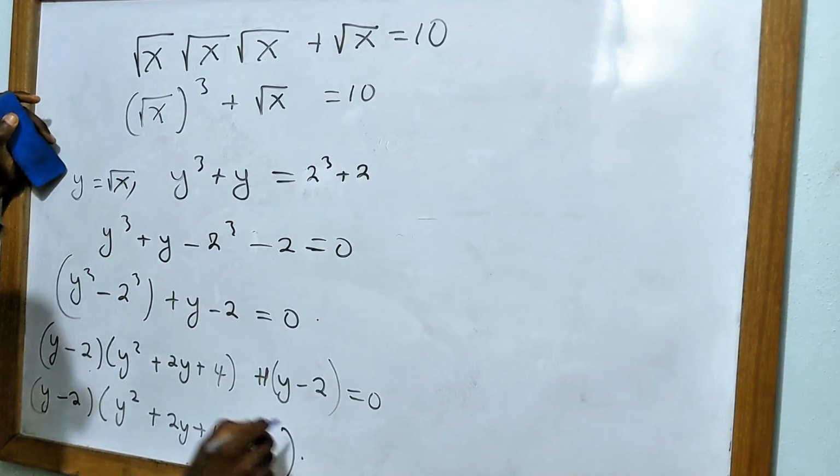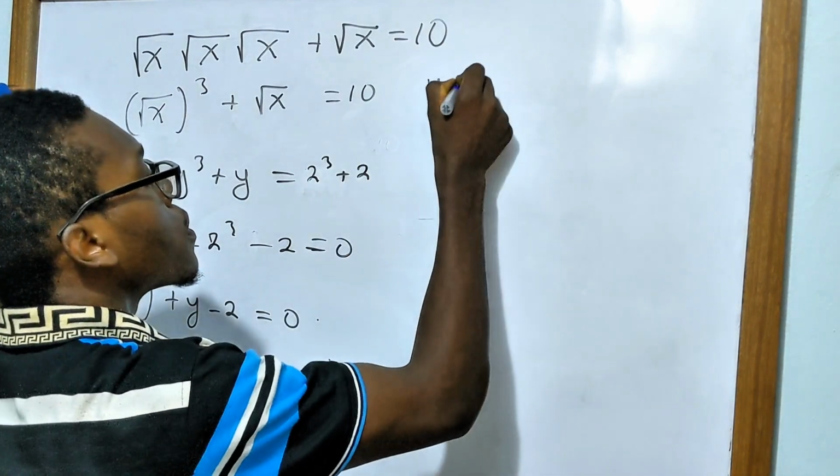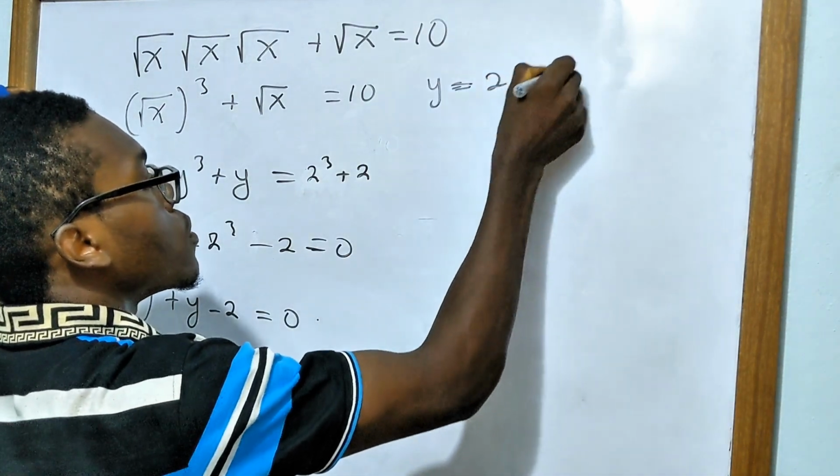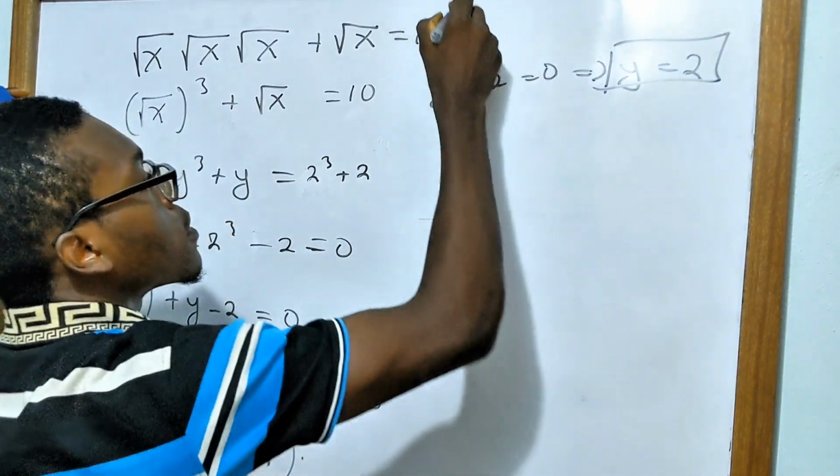That is what we're having at this point. Hence, y minus 2 equals to 0, which implies y is equals to 2 is one of the answers.